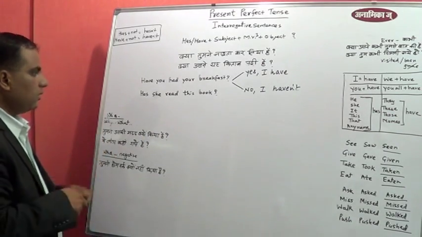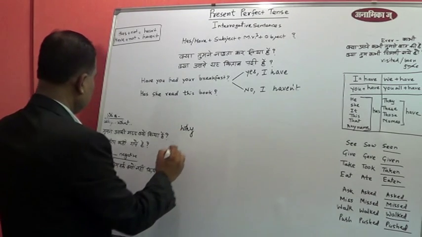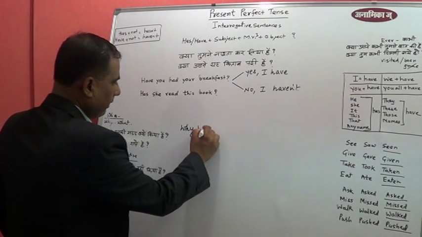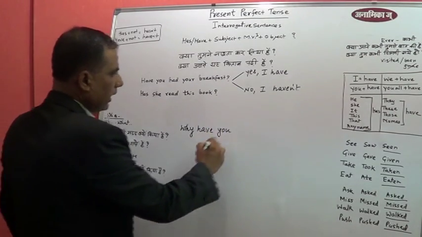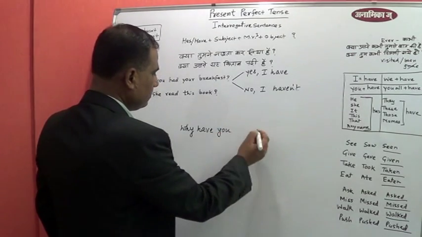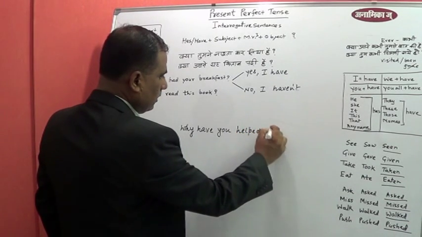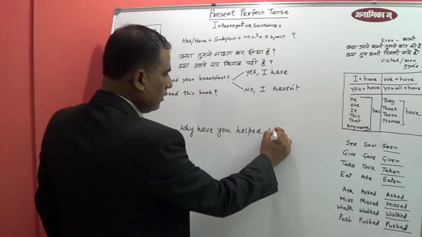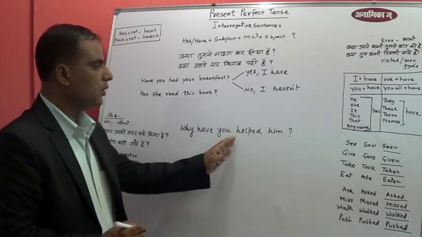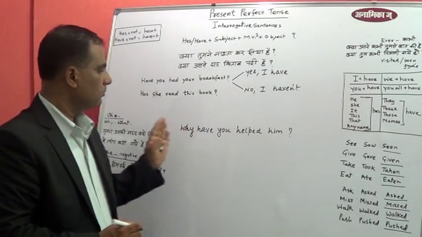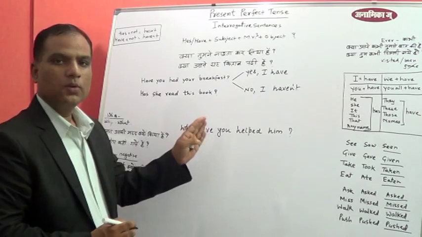So this question will start with why, तुमने, so have will come, then the subject you, and then the third form of verb, and then we will have the object, and why have you helped him? तुमने उसकी मदद क्यों किया है?